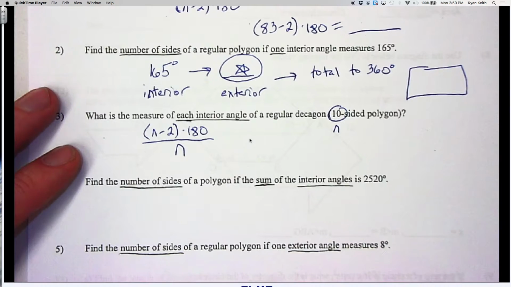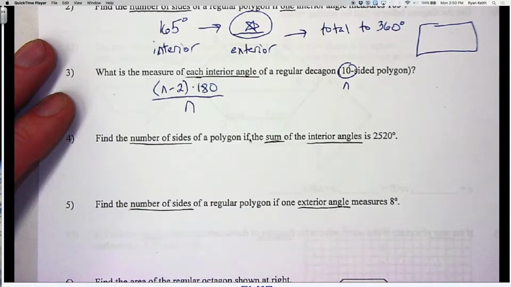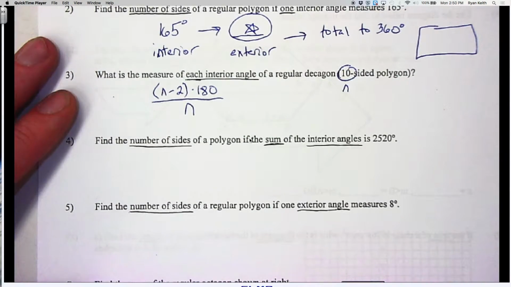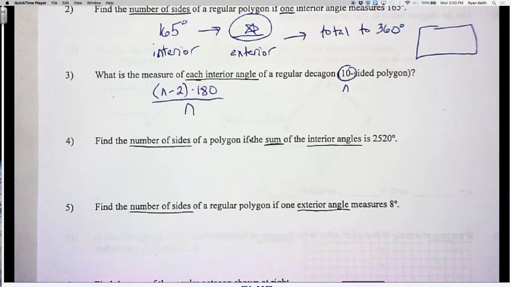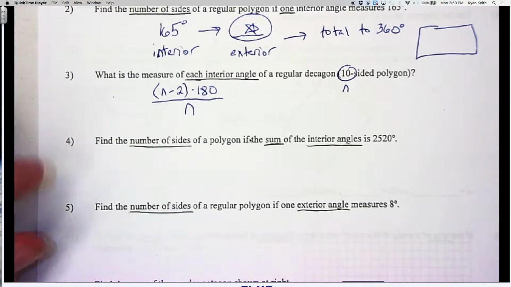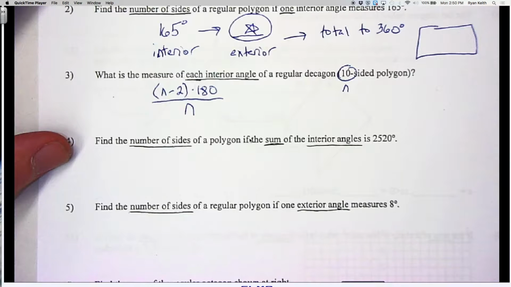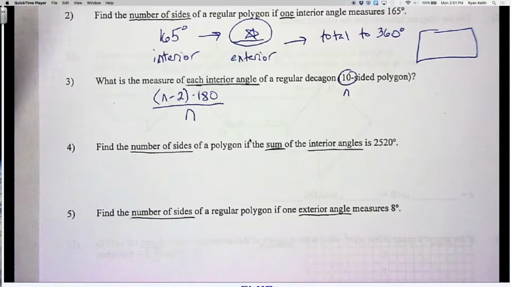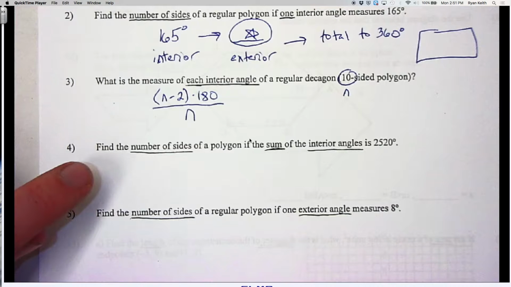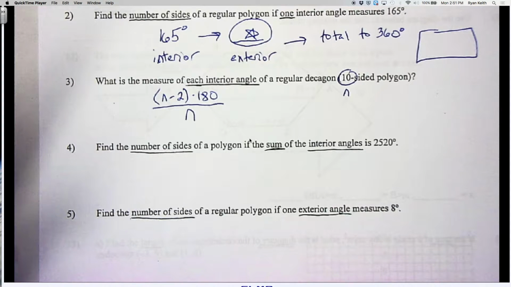Number 4, find the number of sides of a polygon if the sum of the interior angles is 2520. Think about this one as being like a partner with question 1. Question 1 gave you the sides, 83, remember? And wanted the total. Now you're given the total and want the sides.